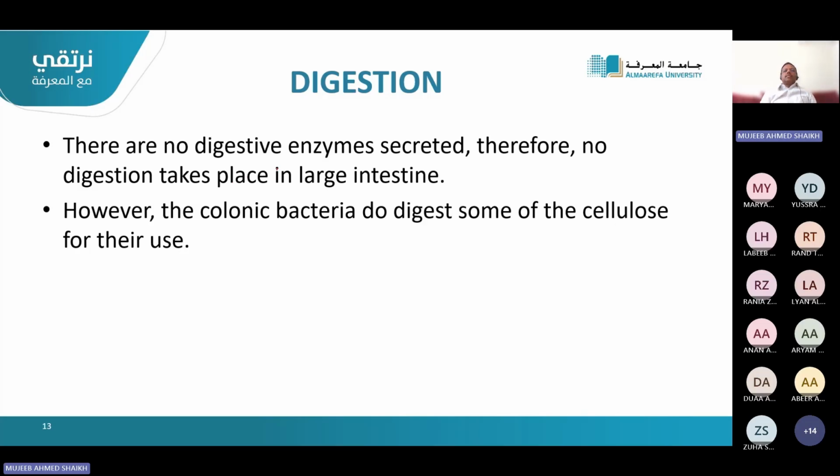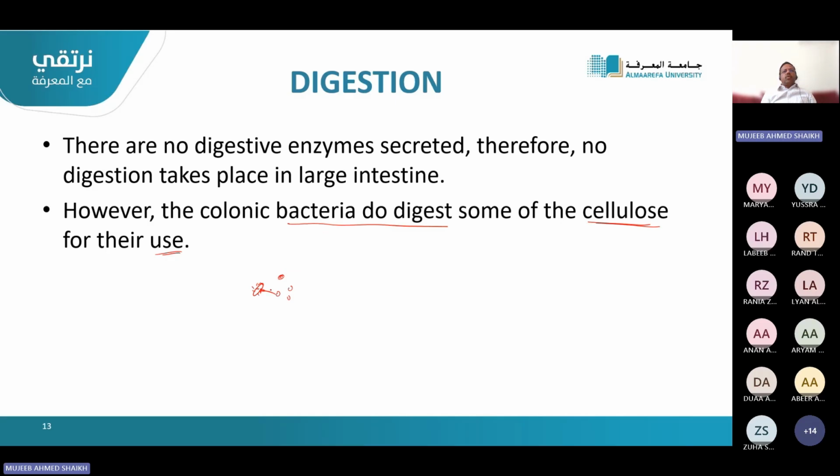But there is some digestion taking place, which is with the help of bacteria. They are using the undigested food which is coming here, and they are digesting it for themselves. So colonic bacteria will digest some of the undigested material, like cellulose, for their own use. This digestion is not for the person.